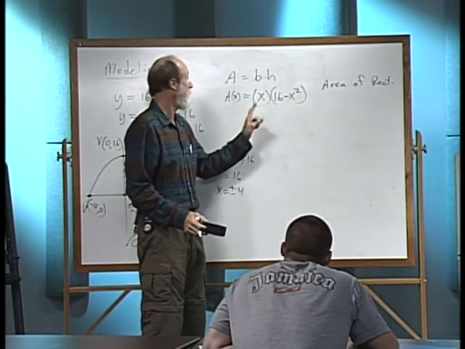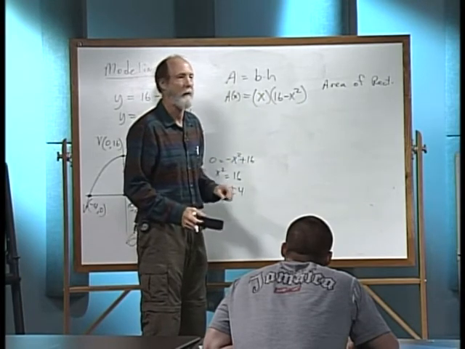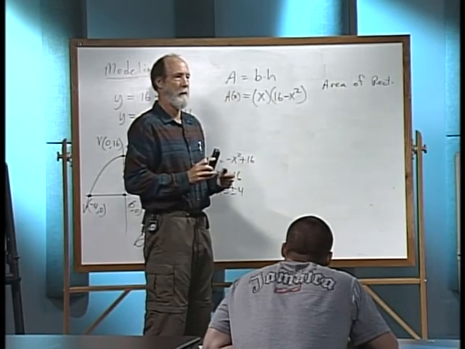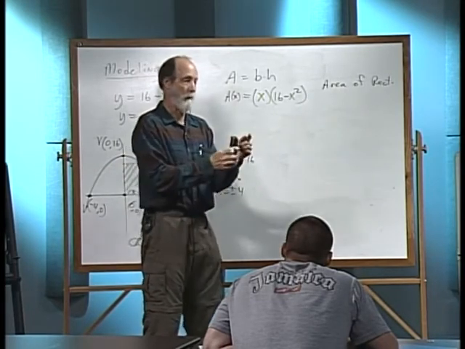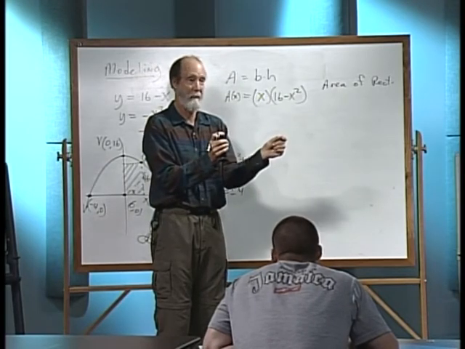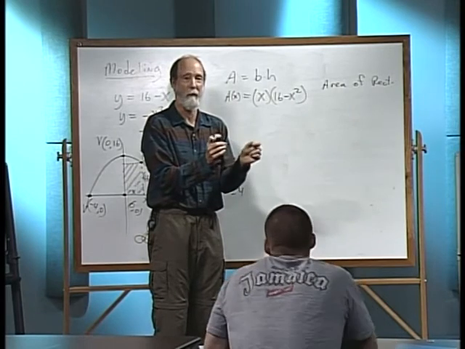All right. Is there a restriction, folks, on the domain of this model? Has to be positive, because otherwise we wouldn't have a rectangle if we had some negative base, right? So you got to have positive x. Any other restrictions? Has to be bigger than 0.